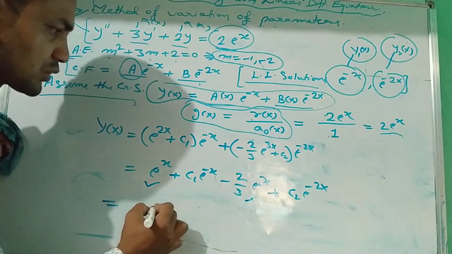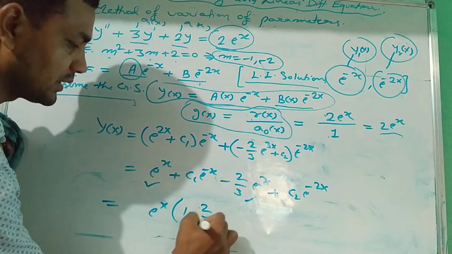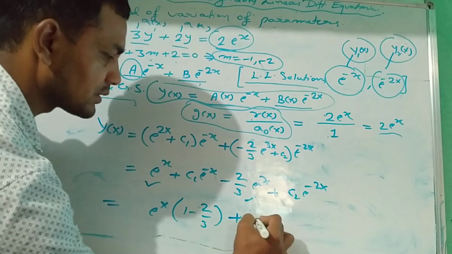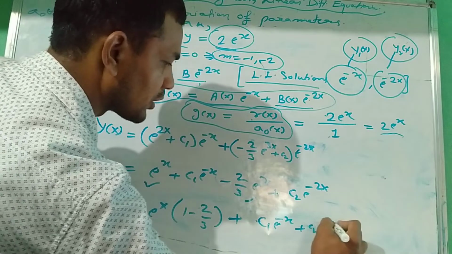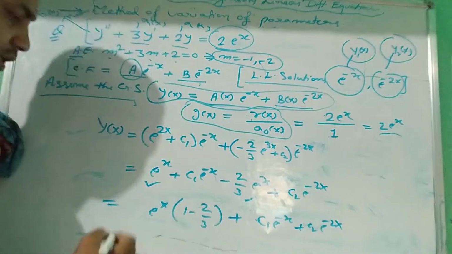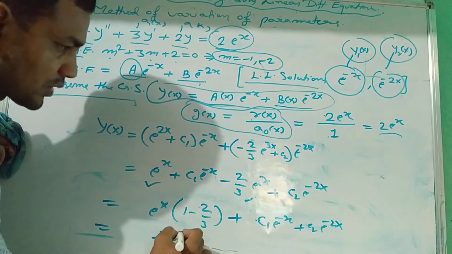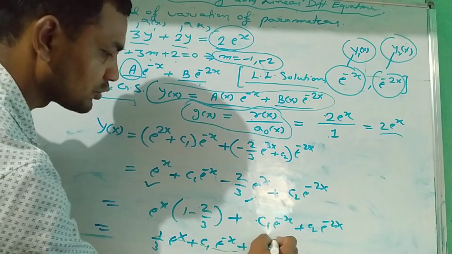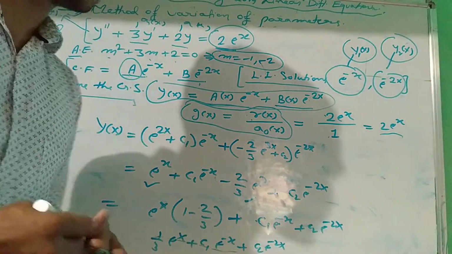This is equal to e to the power x times 1 minus 2 upon 3, and second part is c1 e to the power minus x plus c2 e to the power minus 2x. Okay. Then it is equal to 1 upon 3 e to the power x plus c1 e to the power minus x plus c2 e to the power minus 2x. This is the general solution of this differential equation.